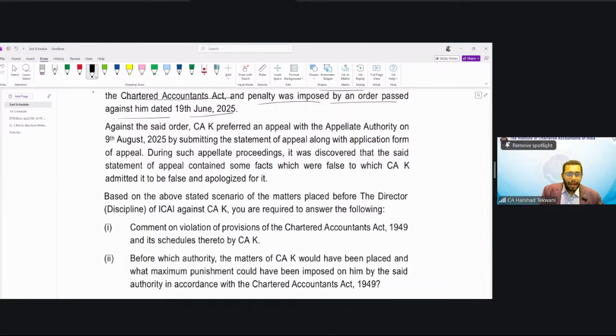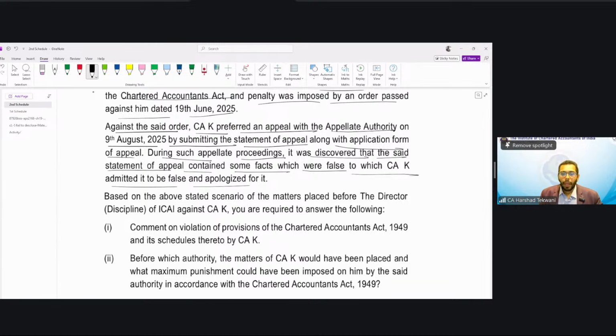Okay. Against the said order, CAK preferred an appeal with the appellate authority on 9th August 2025 by submitting the statement of appeal along with the application form of the appeal. During such appellate proceedings, it was discovered that the said statement of appeal contained some facts which were false, which CAK admitted to be false and apologized for.